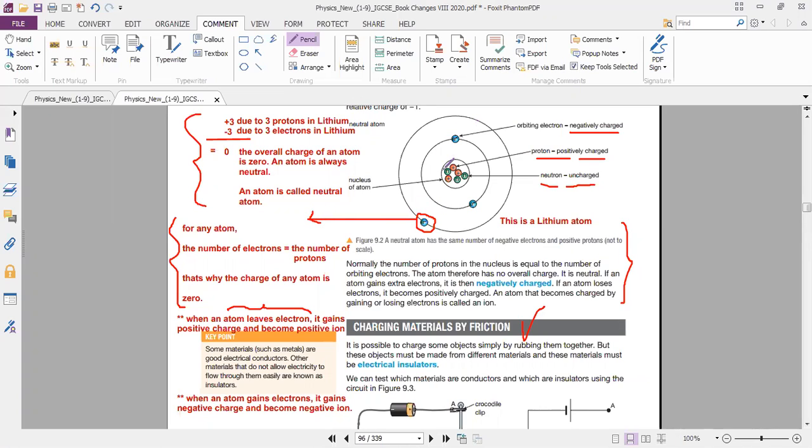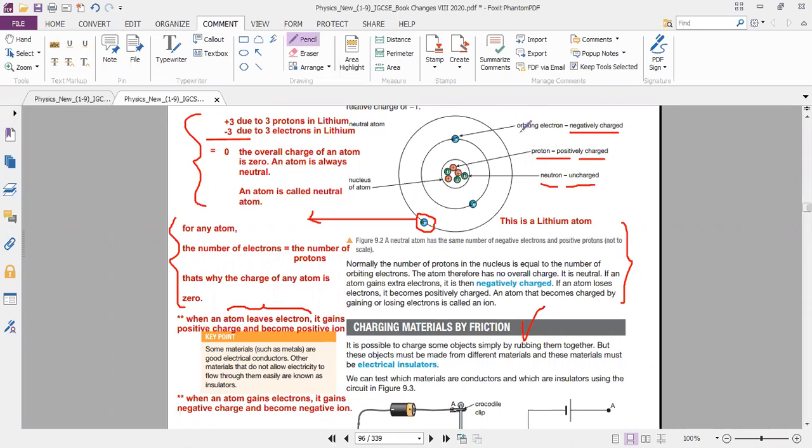And the atom is responsible for donating this electron. This atom donates this electron because it wants to gain the configuration of the nearest noble gas. That's why this atom leaves this electron. It is not the electron that leaves this atom. Clear?